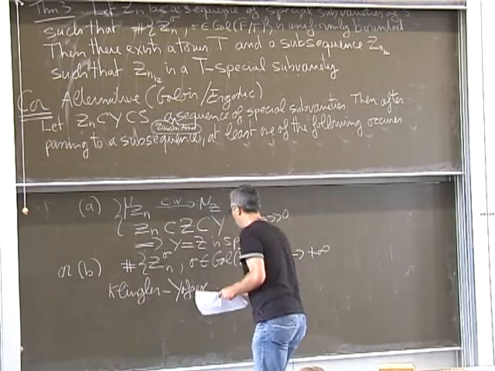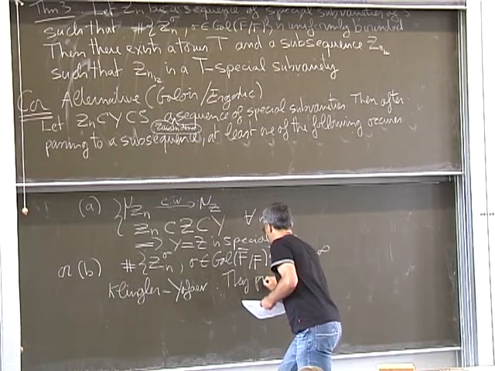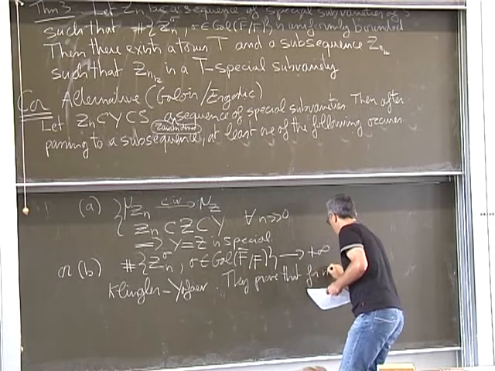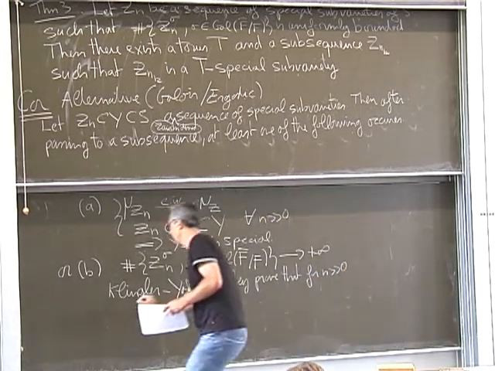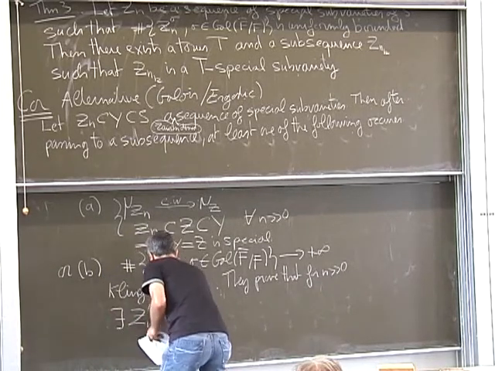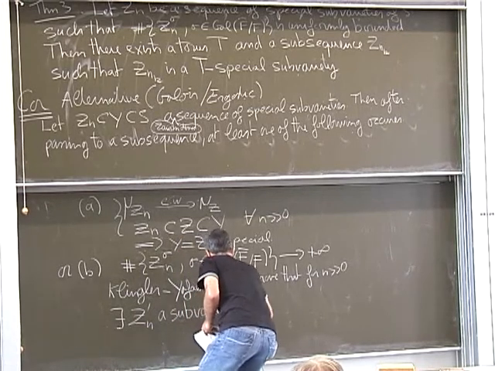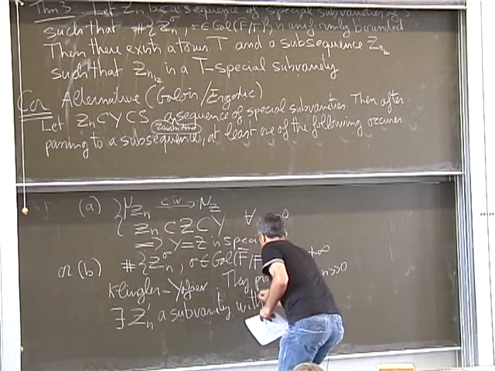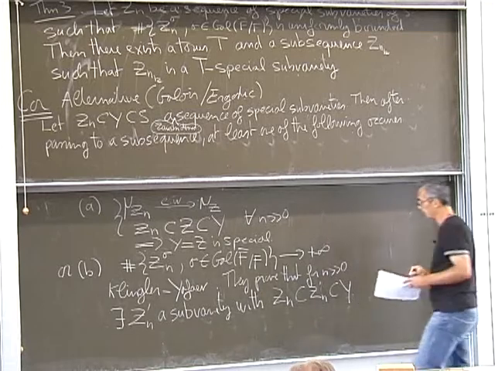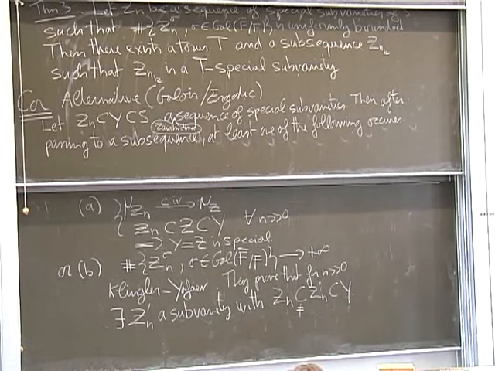And in this case, they are able to prove that for n big enough, there exists Z'_n, a special subvariety, with Z_n inside Z'_n inside Y. And the important fact is that here it's different.